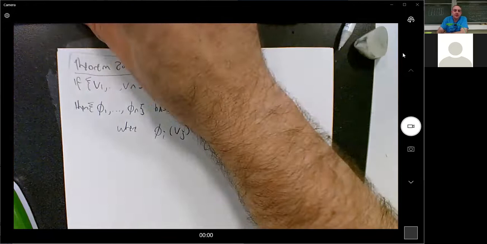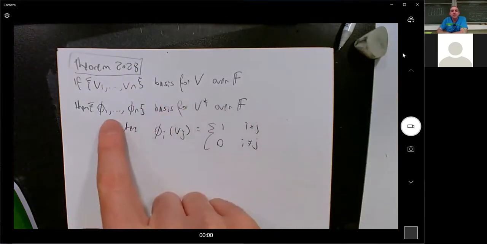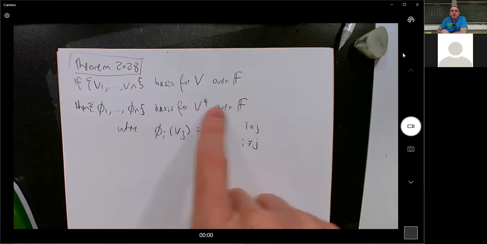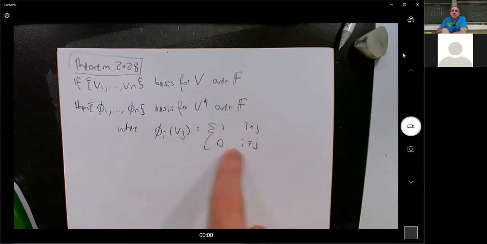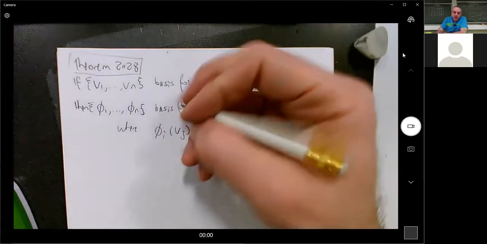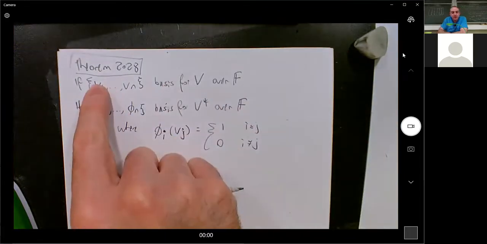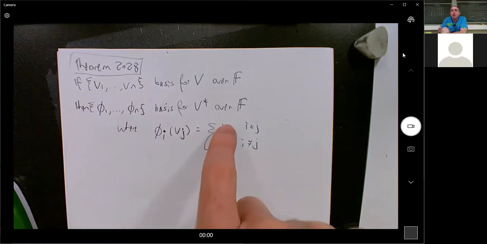So theorem 2.28 says that if V1 up to Vn is a basis for V over F, then this set of functions is a basis for V star over F, where this function does this job. When you put the first basis vector into the first function, you get 1.